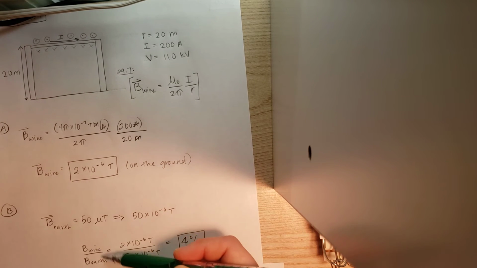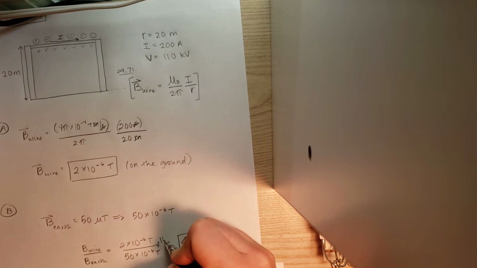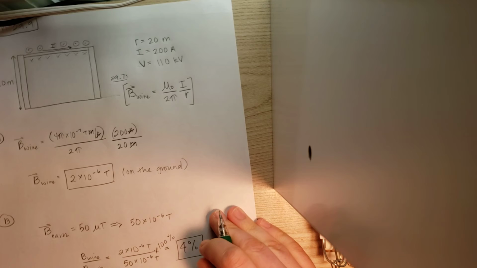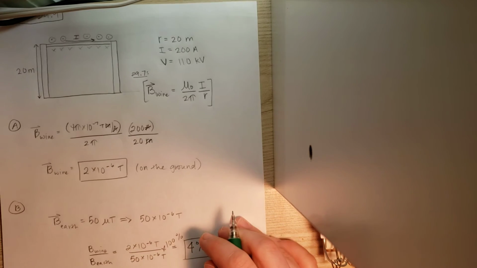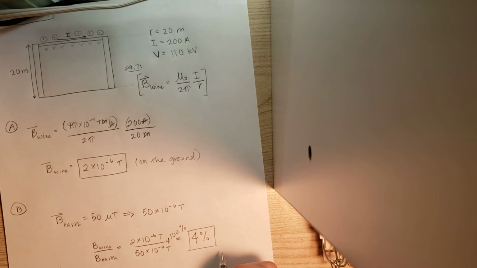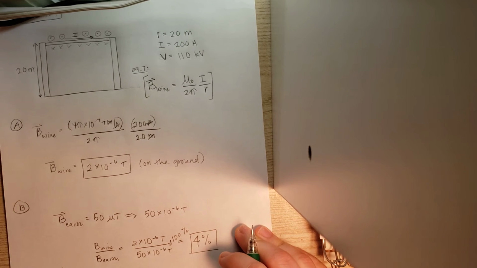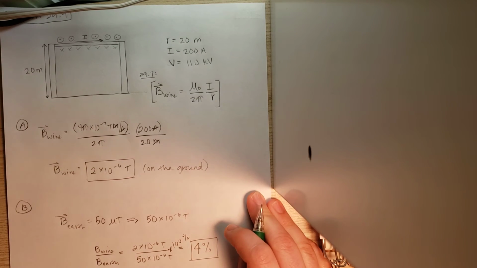So we just need to divide, and forgot to times by 100%, but you just divide and multiply by 100%, and we find that the strength of the magnetic field on the ground is only 4% of the strength of the Earth's magnetic field.